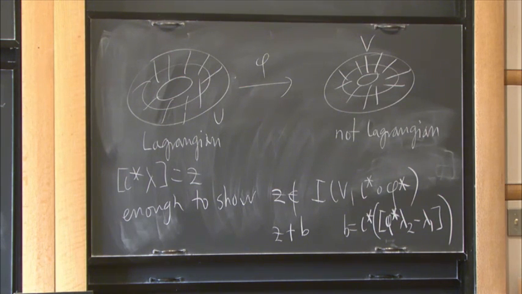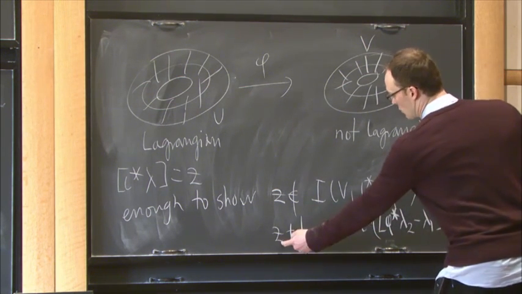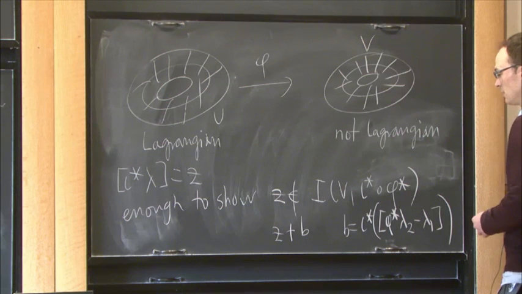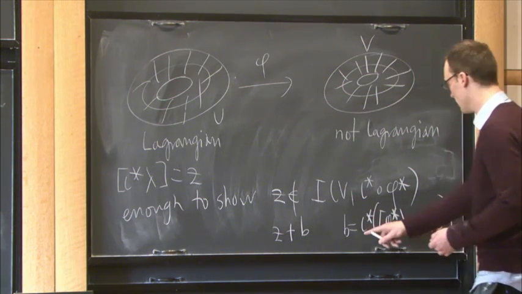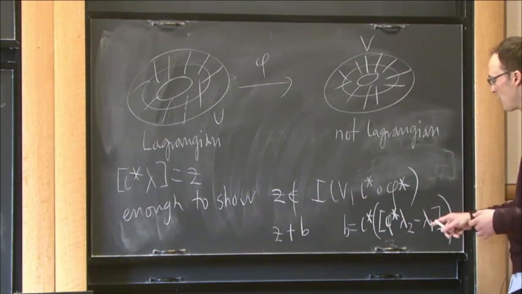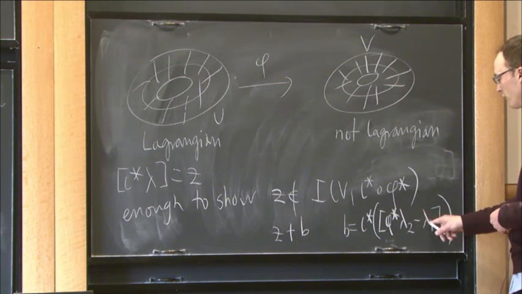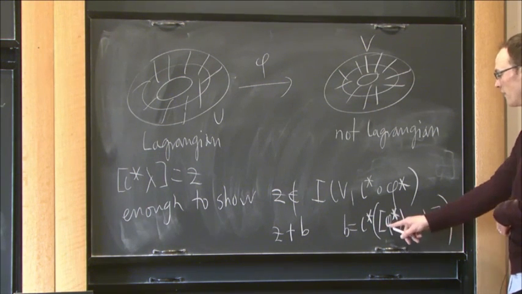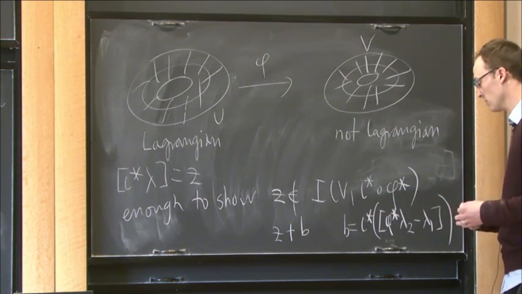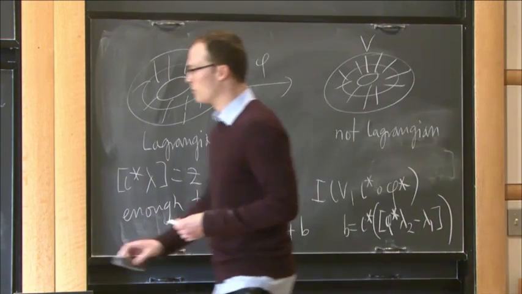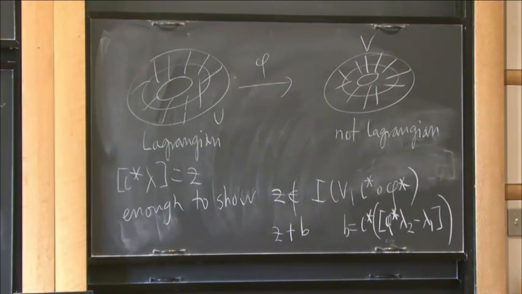So instead of showing that z is not in here, I just show that z plus b is not in the set, where b is exactly this vector here. So it only depends on the one forms I choose here, and then on phi, and this is fixed as well. So that's not really a problem in the proof.